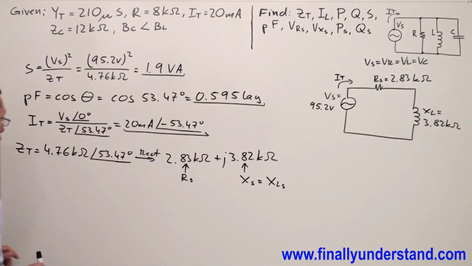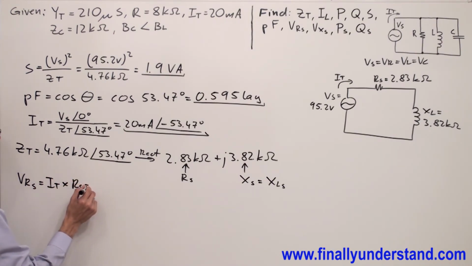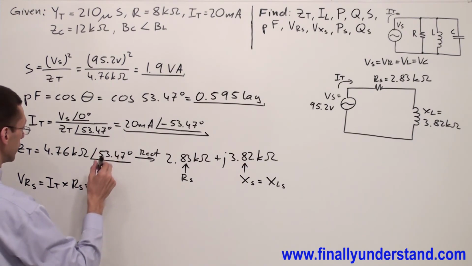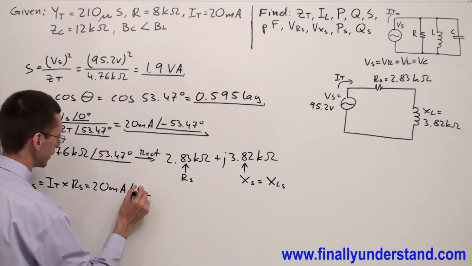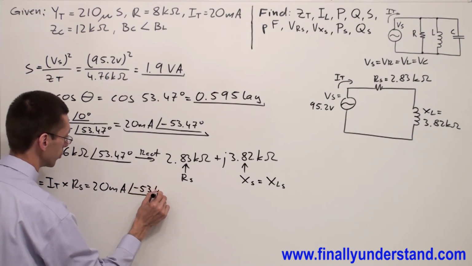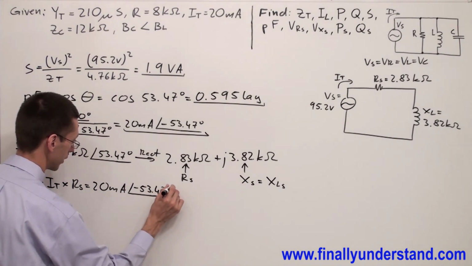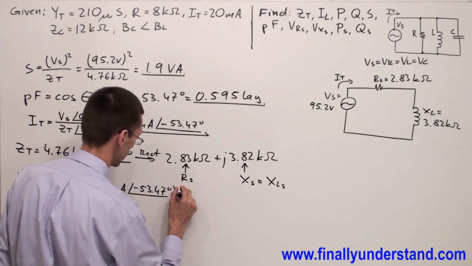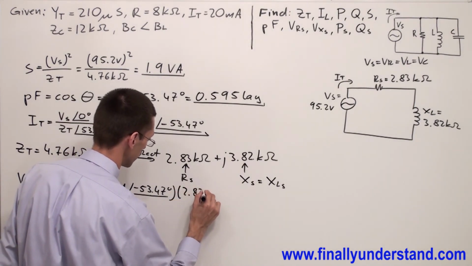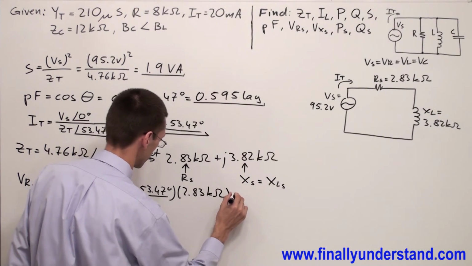That's why I can use Ohm's law and simply write that V_RS, the voltage across the resistor in the series circuit, is equal to I total times R_S, where I total is 20 milliamps at an angle of negative 53.47 degrees, times R_S, which is 2.83 kilo ohms.